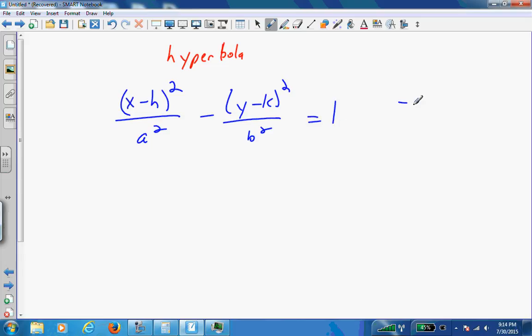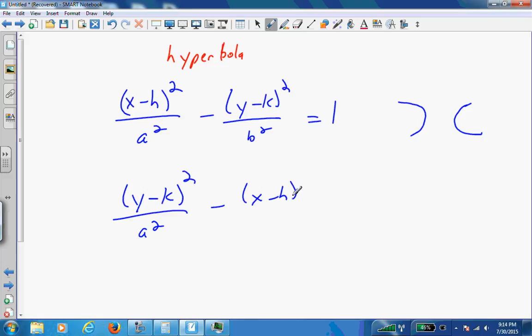So that's for a hyperbola that's going left and right. Notice the x squared comes first. If the y term comes first, minus the x term, then that's vertical.